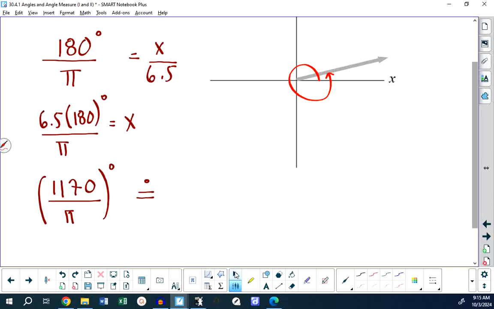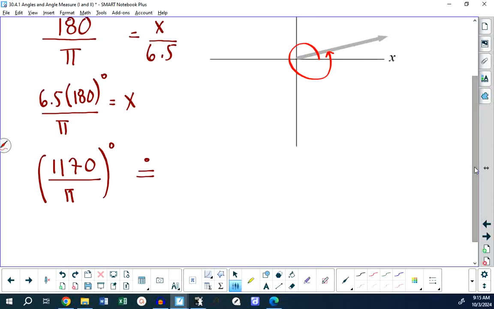And this was positive, wasn't it? Yep. This is theta equals 1170 over pi degrees. Is that okay? All right.